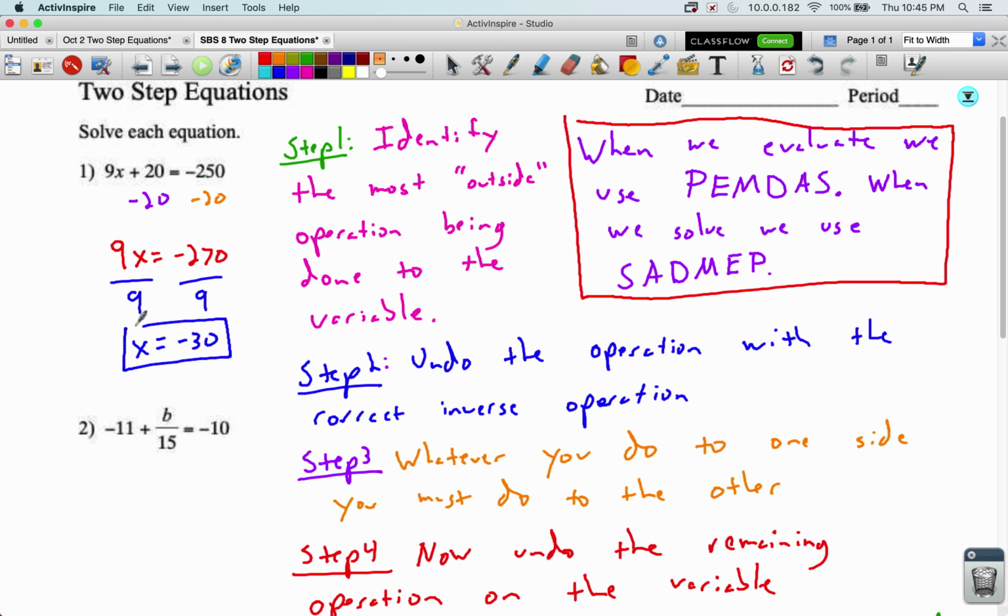I can box this and then plug it back in as a double check. 9 times negative 30 plus 20 equals negative 250. Negative 270 plus 20 equals negative 250. Negative 250 equals negative 250. It balances. So our double check is complete and we've got the right answer.